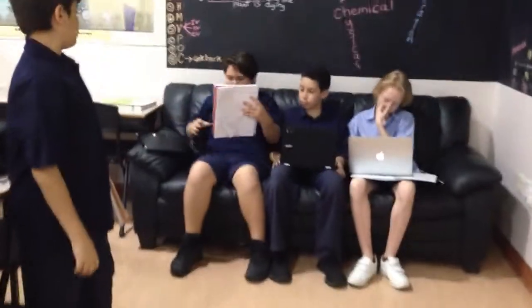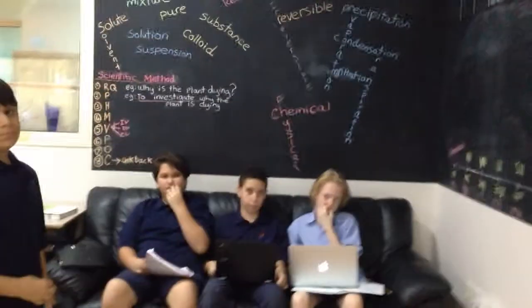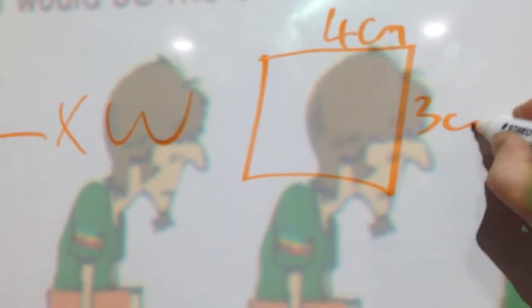Okay, Zane, what did you get in the end? I got 71. So you got 71? Okay, so it sounds like you've actually figured out the formula. If you were doing a formula for a rectangle, length times width, does that look familiar? Yeah. So let's say that's my rectangle, it's 4 centimeters by 3 centimeters.